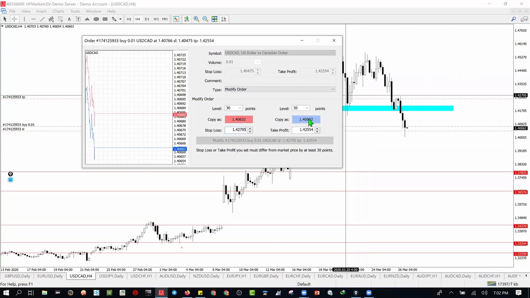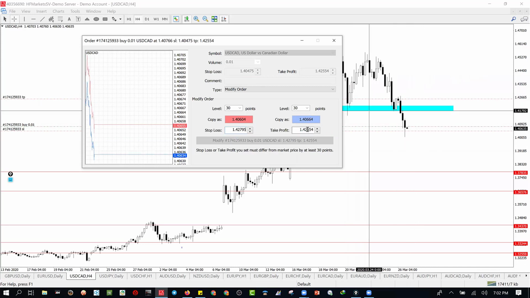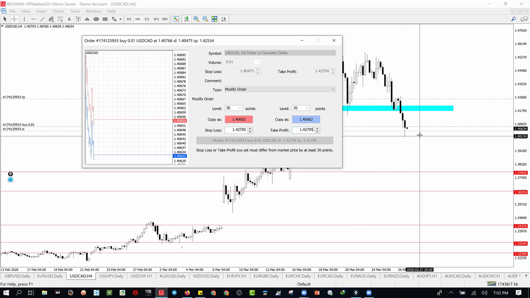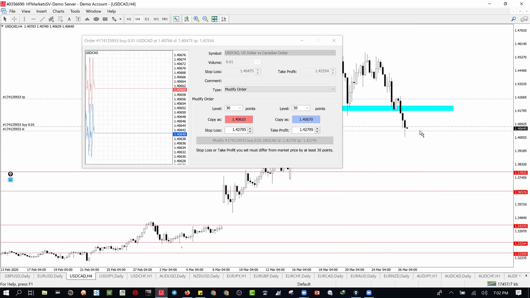But you should put a take profit here because you are buying. Oh yeah, I'm buying right here. Sorry, this is my take profit. 795. My stop loss is going to be below right here. Yes, so this is my stop loss right there.